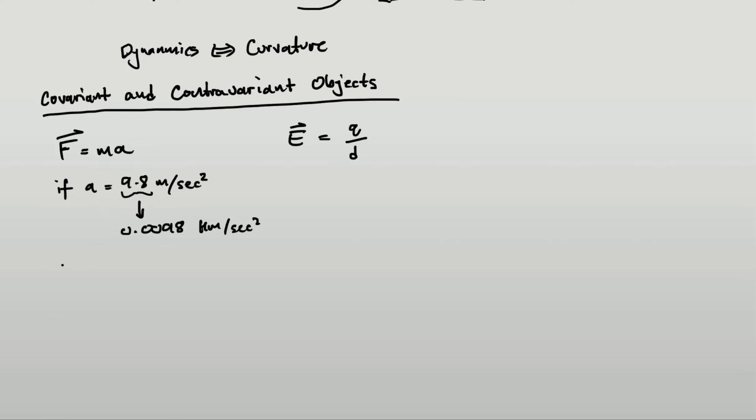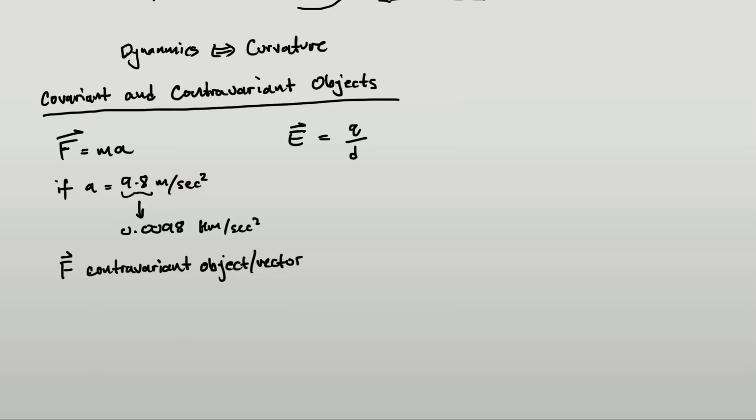And so we could say that F is a contravariant object or vector.